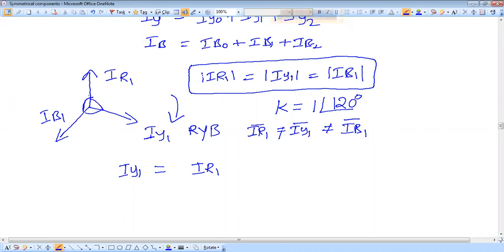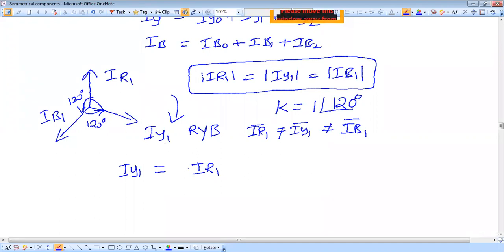What is the phase displacement of the Y phase with respect to the R phase in the anti-clockwise direction? Now see, up to this it is 120 degrees, plus this is another 120, so the total angle is 240 degrees.